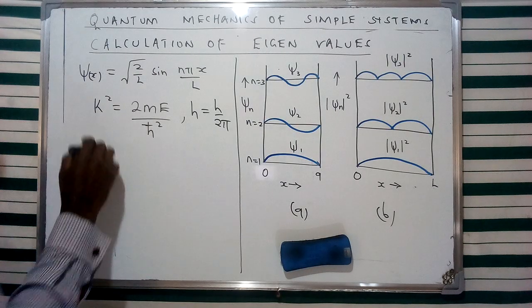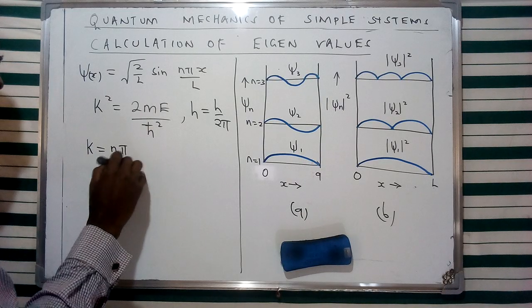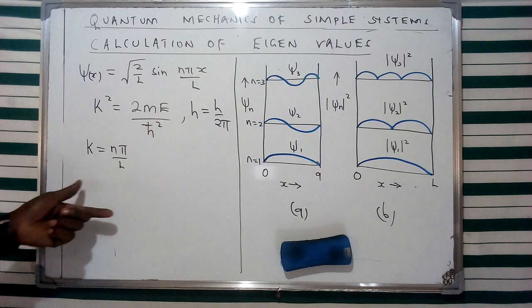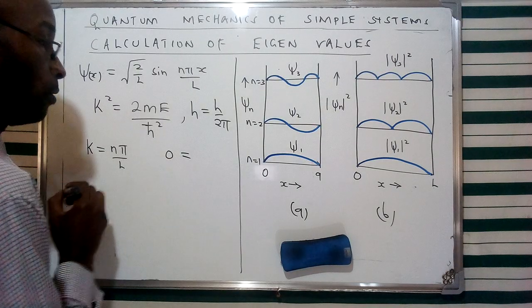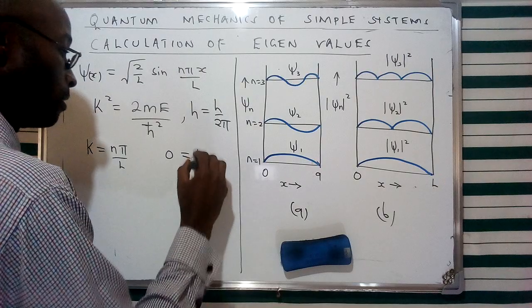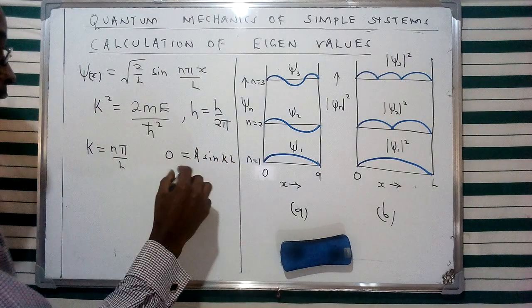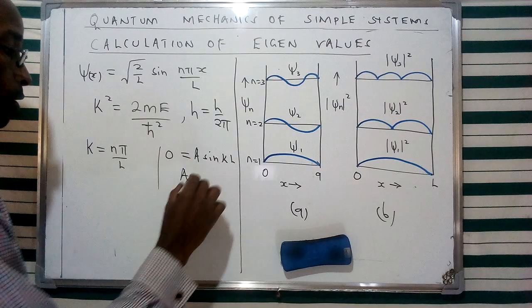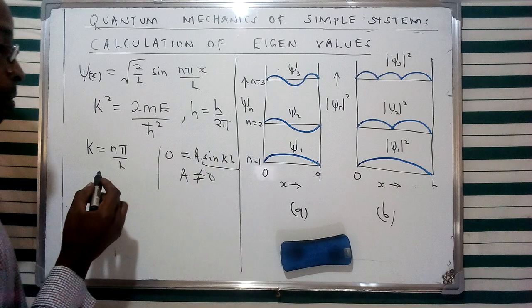Now, secondly, we said that we can find the value of k as n pi over L, and this is from the concept of the aspect of the value from the wave equation, giving us the sine of kL given in that specific order. And we had said that the value of A is not equivalent to 0. Therefore, this second aspect of the function is going to represent 0.